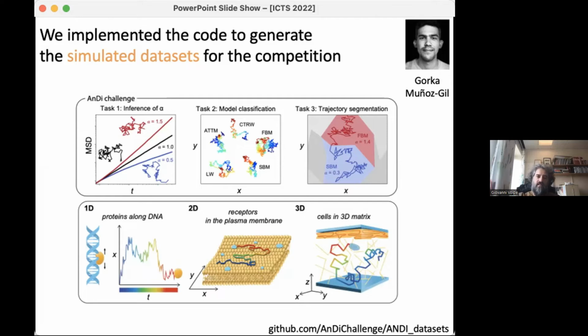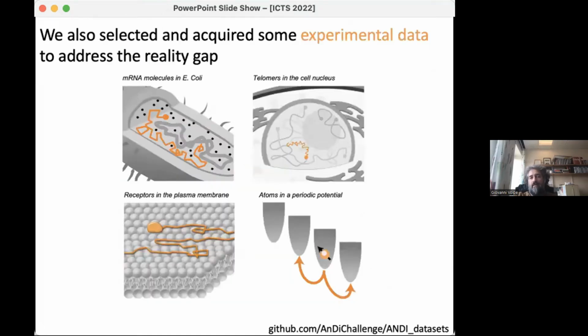Okay, at this point we have everything ready for the competition, because we know exactly what we want people to compete about. The only thing that we would also like to have is a connection to the experiments. So we added a set of experimental data that we gave to the participants of the competition to work on, but they were not scored.